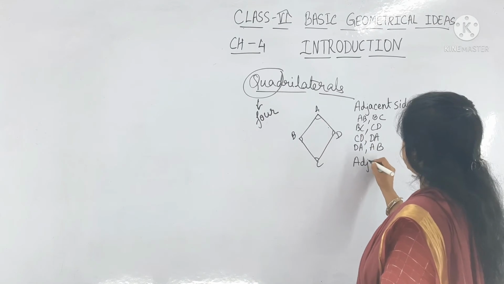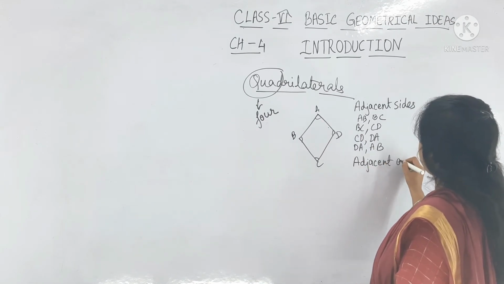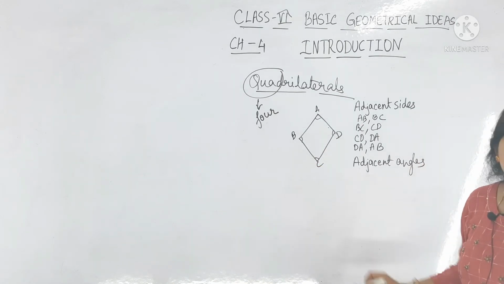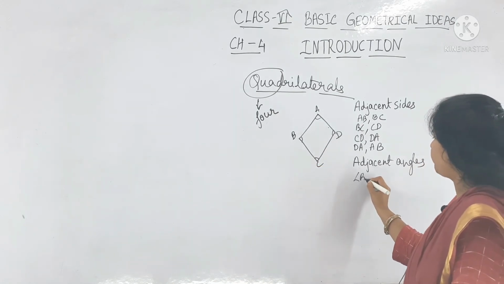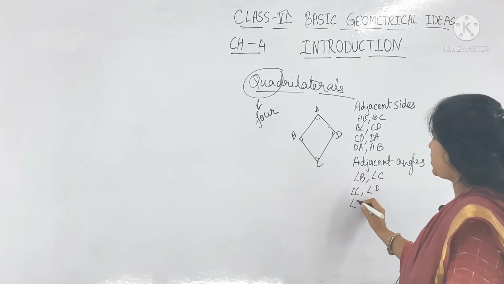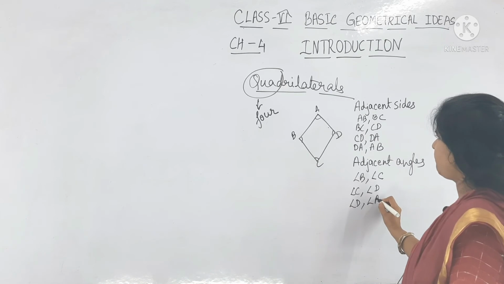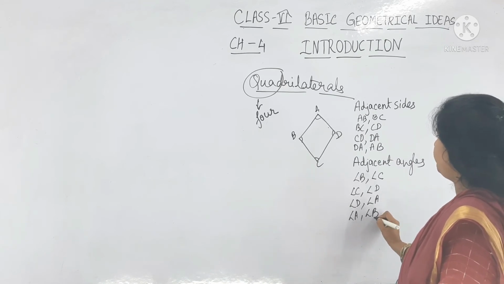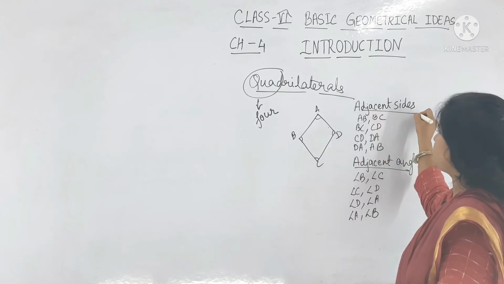Adjacent angles are neighborhood angles. Angle B, angle C; angle C, angle D; angle D, angle A; and angle A and angle B. So these are the adjacent angles and adjacent sides.